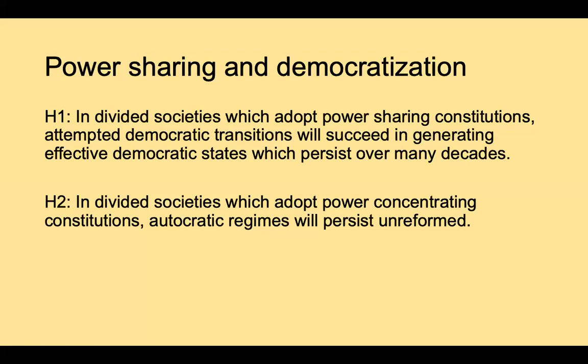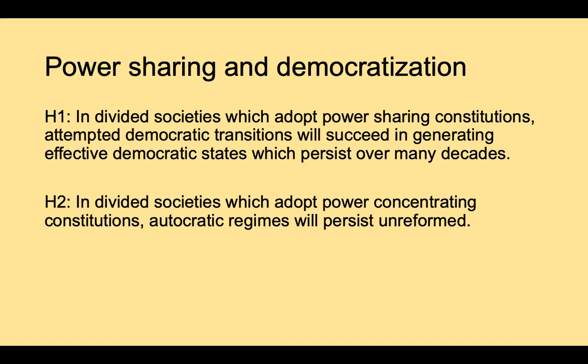Now we could put that slightly differently and say that in divided societies which adopt power concentrating constitutions, because that's the opposite of power sharing, autocratic regimes will persist unreformed. To put it a different way, in divided societies that adopt power concentrating institutions, democratic transitions will fail.